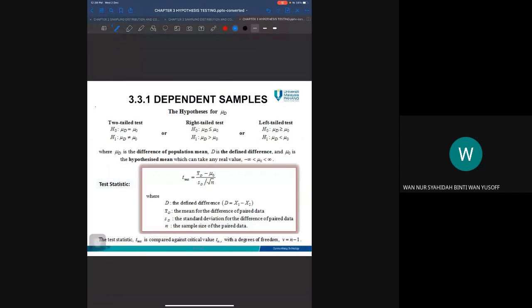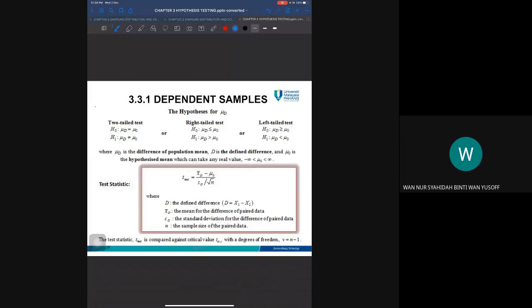Okay, so as we discussed before in chapter 2, dependent sample is where we have two sets of data, but from a similar population, from similar subjects. So how do we analyze?